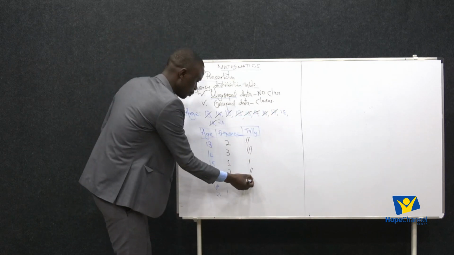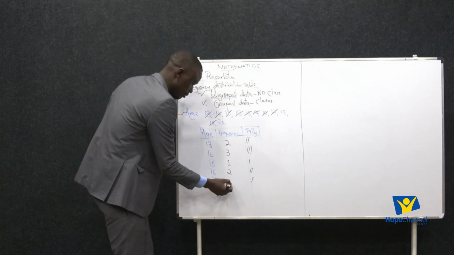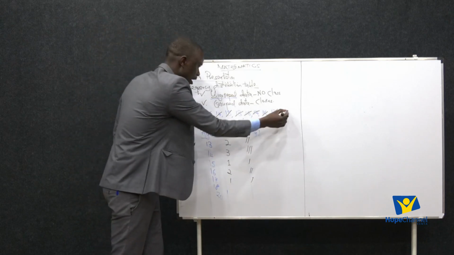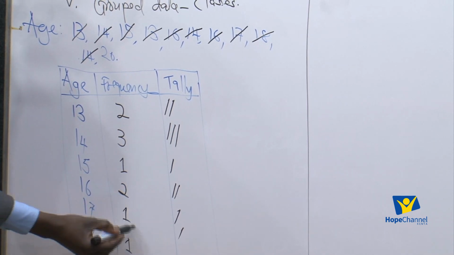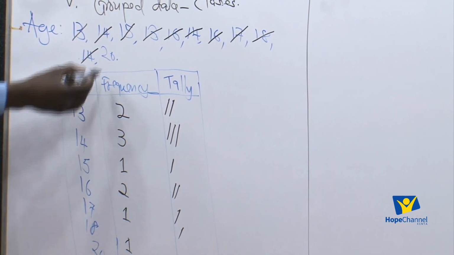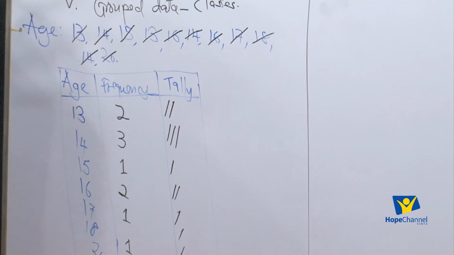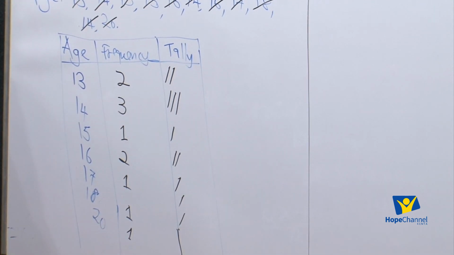So let me just put there 1. Only 1. So 17 is occurring once. 18, 1. Good. 20, also 1. Good. So this is now what is called a frequency distribution table, students.